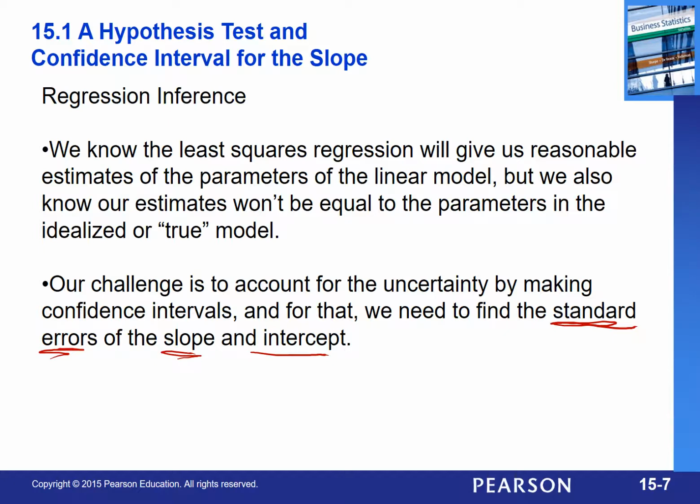We know that the only way to fix both those problems and make sure we're precise and accurate is by increasing our sample size. So we're really going to watch our standard errors for both the slope and the intercept. And this is where it gets a little complicated, because you now have 3 different errors floating around. You have the residual error, the error for the standard deviation, and the error for the slope.